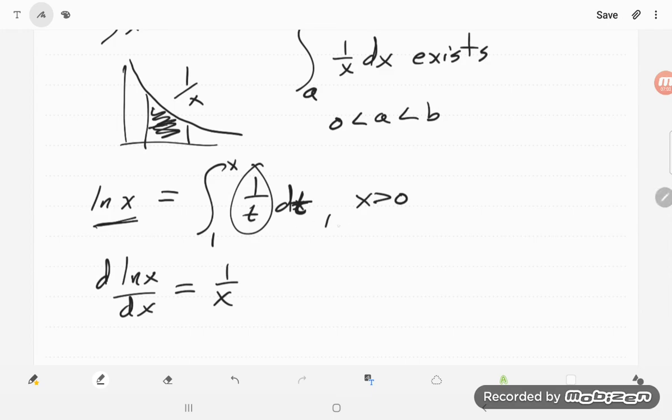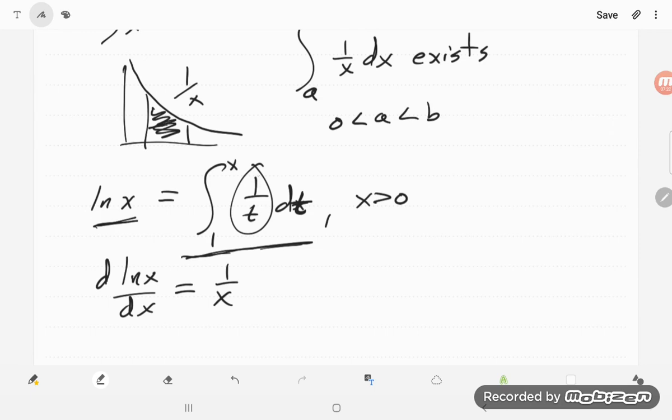And the reason many calculus classes do it this way is that doing it as an integral is a really nice definition when you start thinking about it.